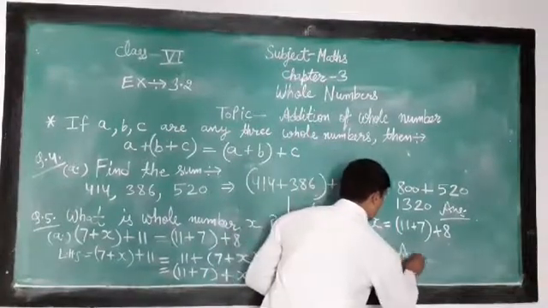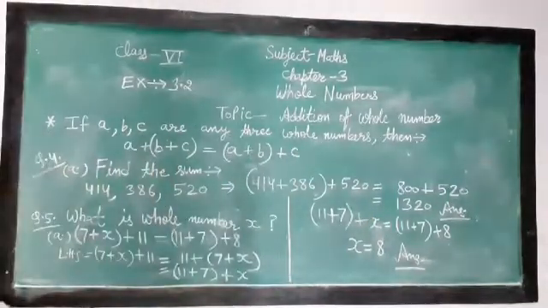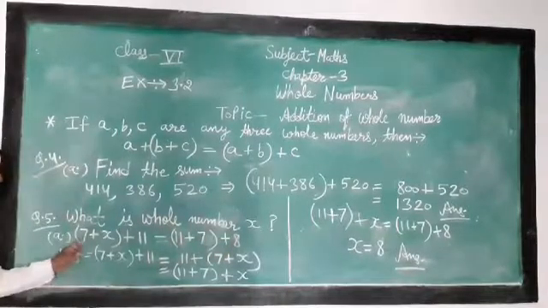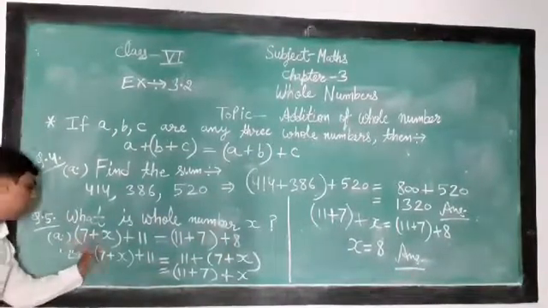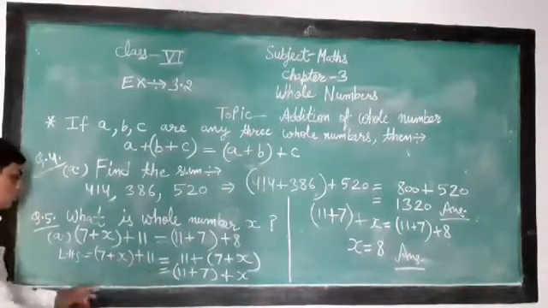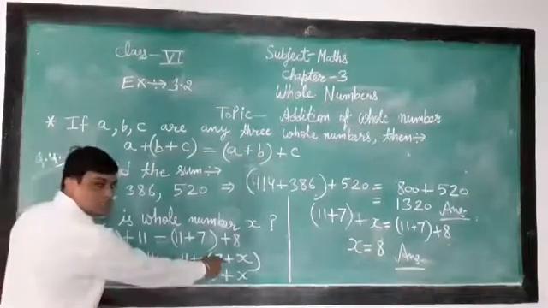This is the answer. Again repeat question. What is whole number? The value of x. Left hand side 7 plus x plus 11 is equal to 11 plus 7 plus x.